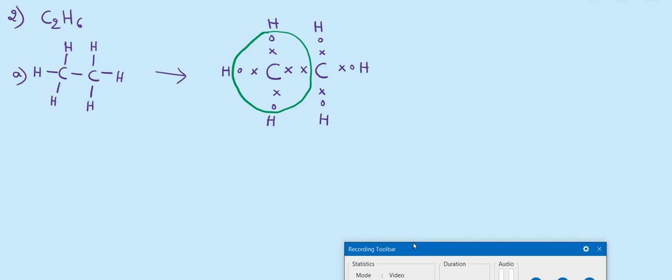So these are the 3 electrons related to this carbon also, and here also we put one more circle for this carbon atom.